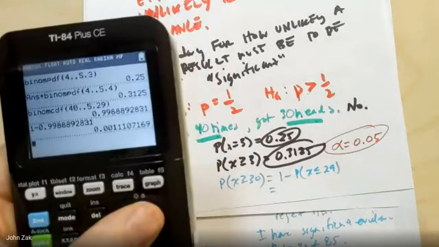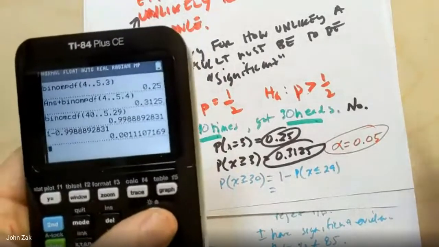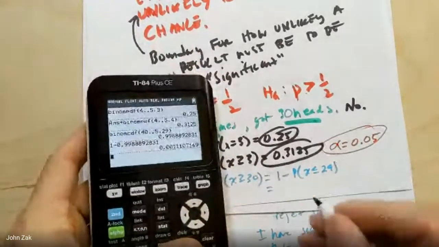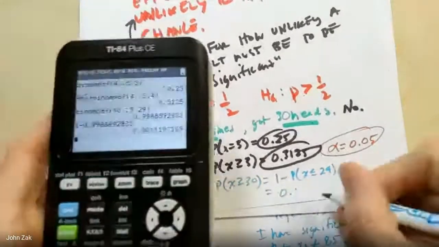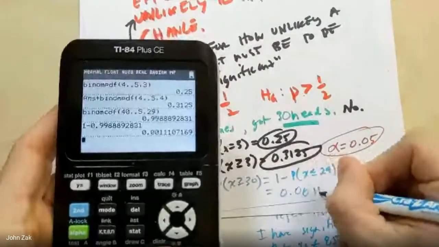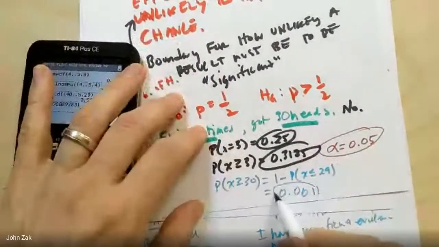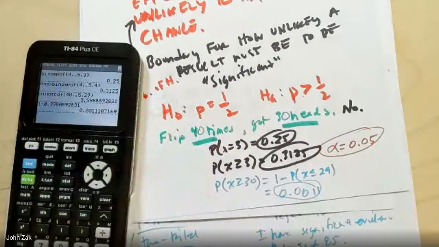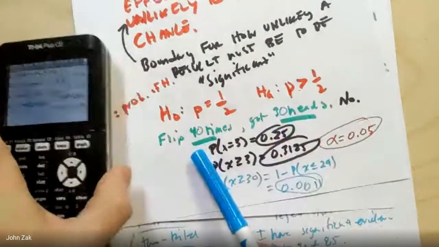And binom CDF tells me my p-value would be about 0.0011, right? So is this significant evidence now, getting 30 heads out of 40 flips?